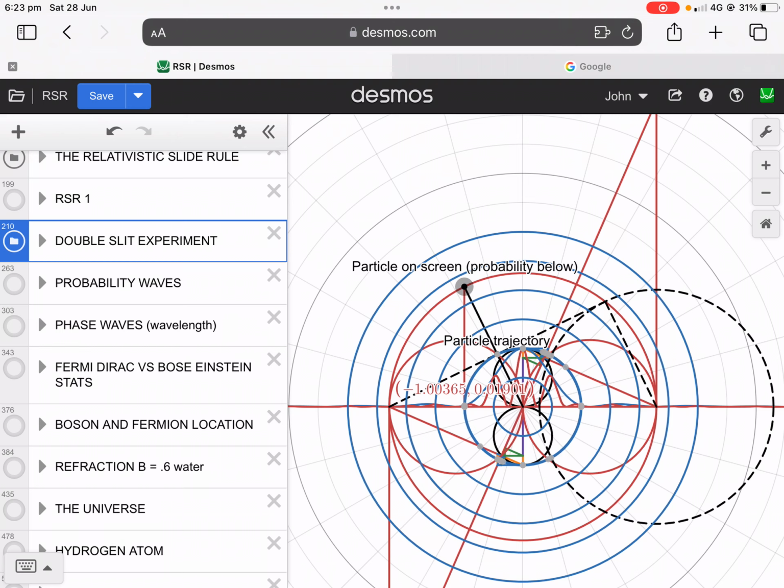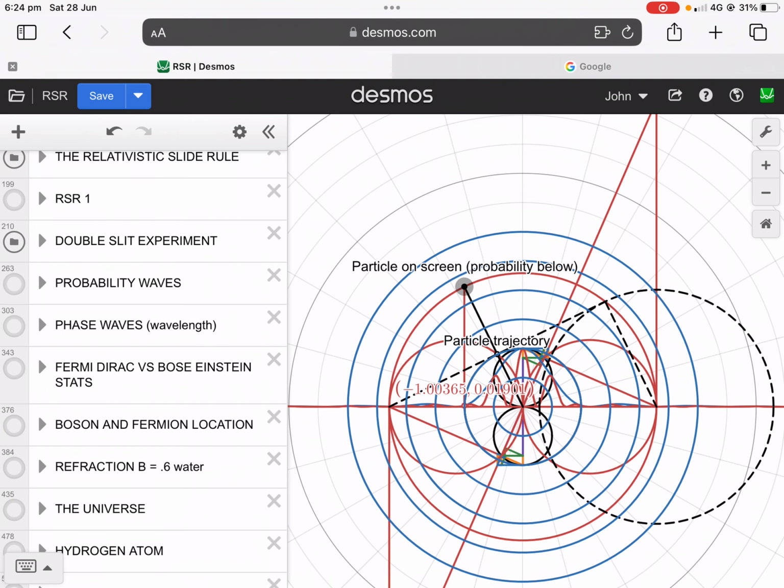But the particle can only jump, so it can go to be on the second fringe, or it can quantum leap to the third fringe, or it can quantum leap to the fourth fringe, and in this case there will be no fifth fringe.